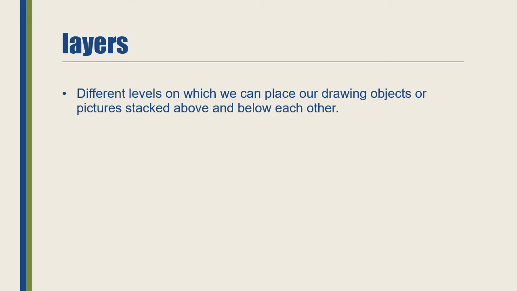Suppose one part contains a circle, another a square, another a triangle, another some quadrilateral. And when we integrate all these parts, it looks like a single unit. So that's why I said these are the different levels of a sheet.